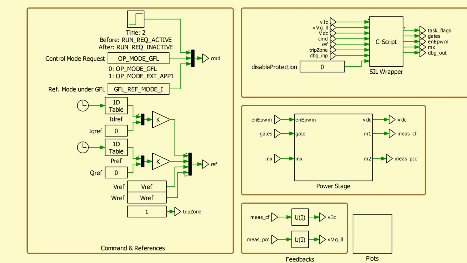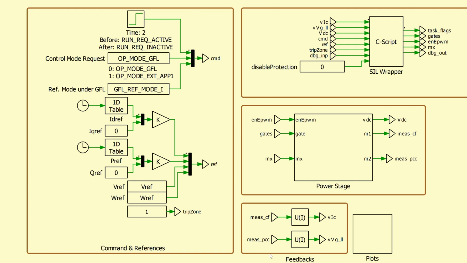Then in the reference, ID and IQ commands can be sent if we are running the GFL current control mode. And the PQ reference and voltage frequency reference can be sent by the user for the GFM control mode. The external application will be taking these as the input, and users can play around with different reference and set point values to get different nominal operating points.